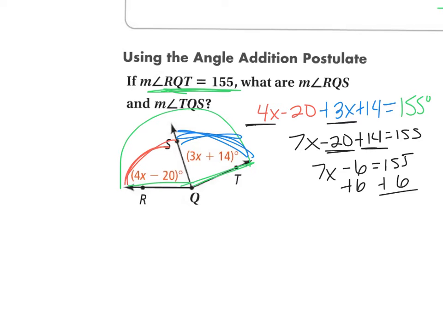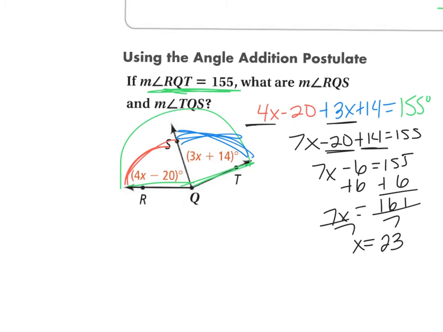That would give you 161. So 7x equals 161. And then we are going to divide by 7, stick it in your calculator, or do long division if you like to. So x equals 23.